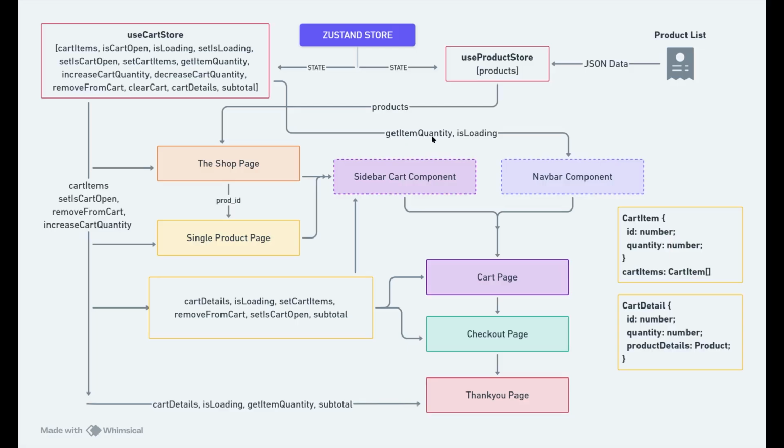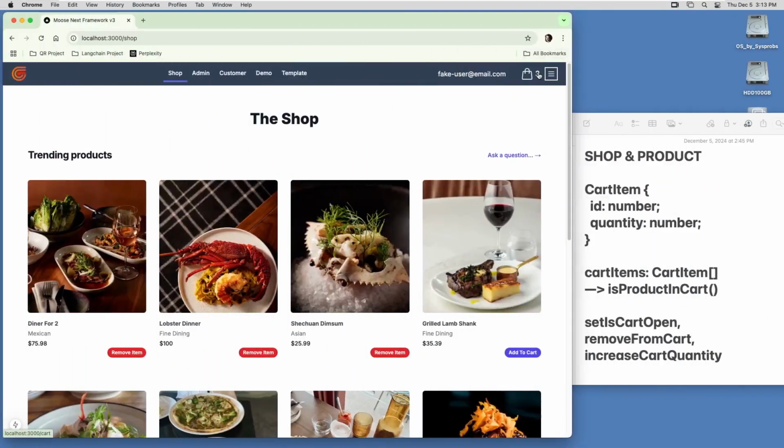This is basically checking on this object right here, which is an array of cart items, and it is just calculating these numbers. However many items are in there, it's going to show in the navbar right here, just like that.